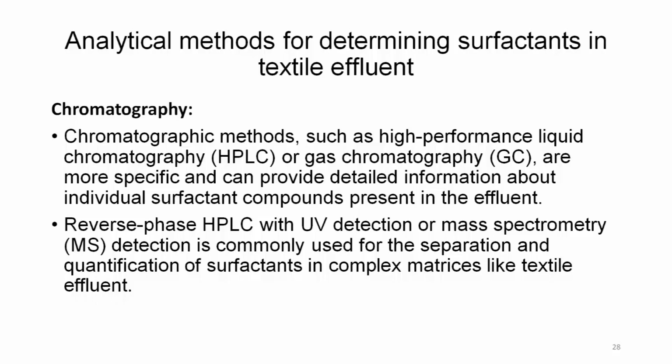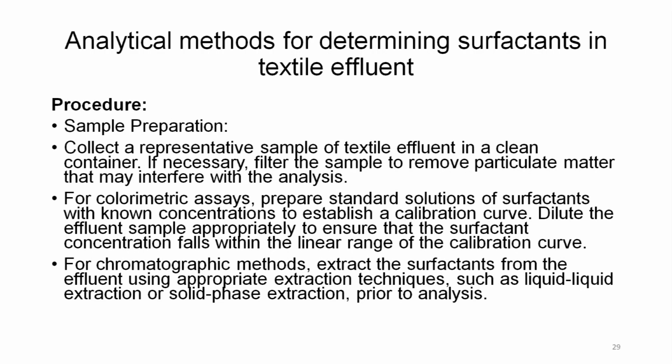Reverse phase HPLC with UV detection or mass spectrometry is commonly used for the separation and quantification of surfactants in complex matrices like textile effluent. So, even reverse phase HPLC with UV detector can be used for this purpose.